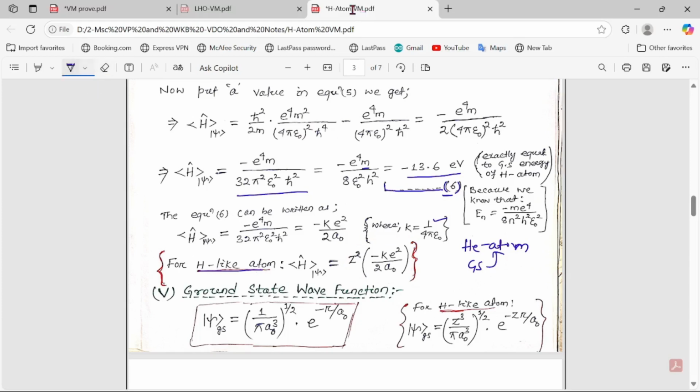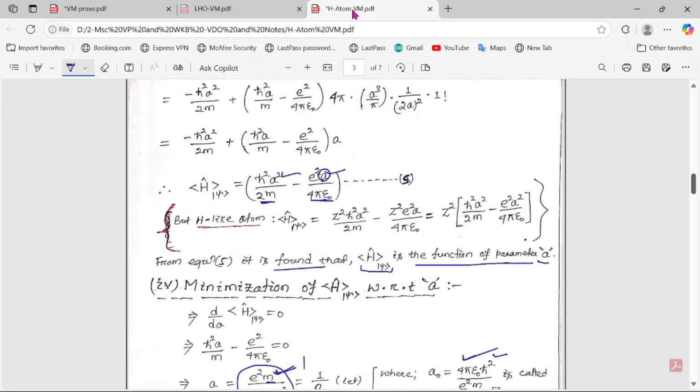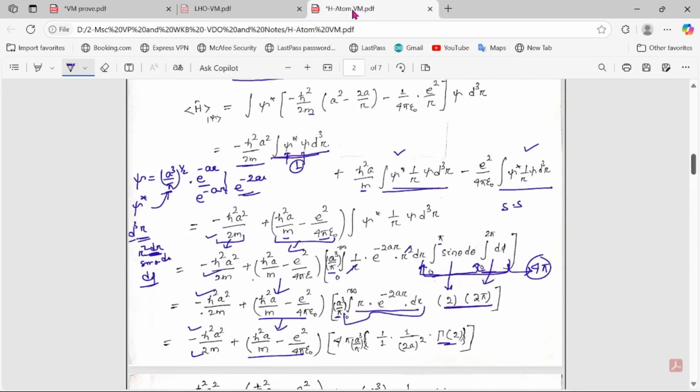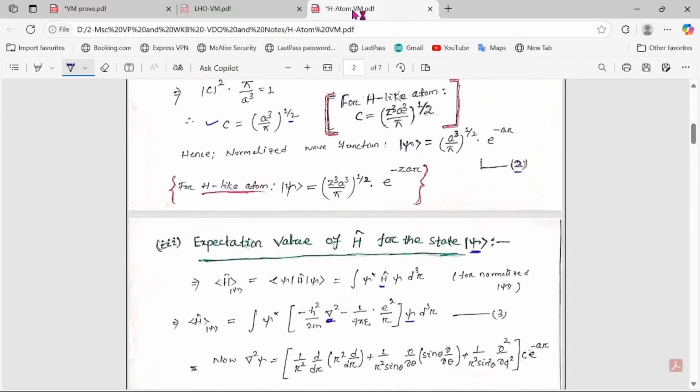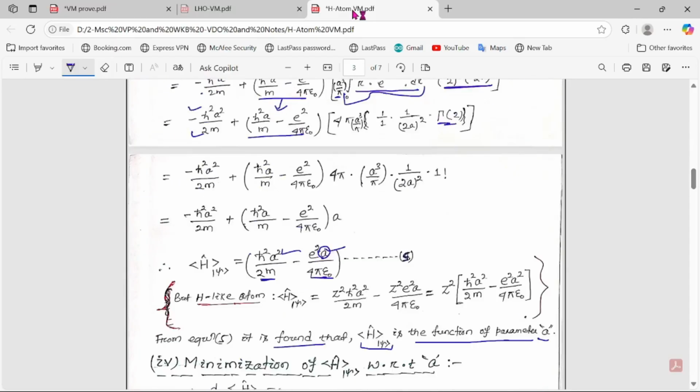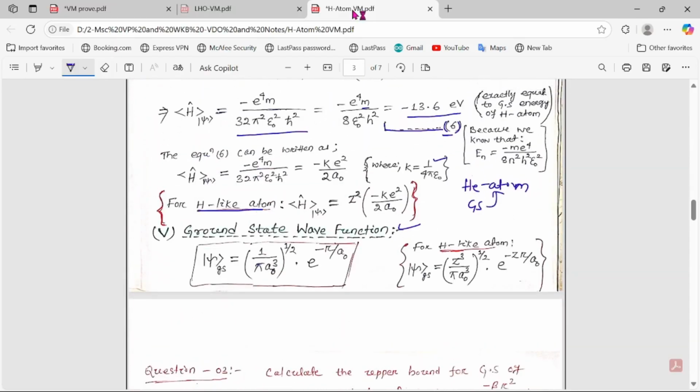Now what will the ground state wave function be? We just have to substitute this a value. Here we have the normalized wave function: a cube by pi to the power 1 by 2 into e to the minus a r. Instead of a we substitute 1 by a naught.